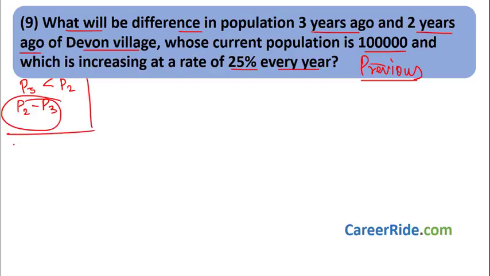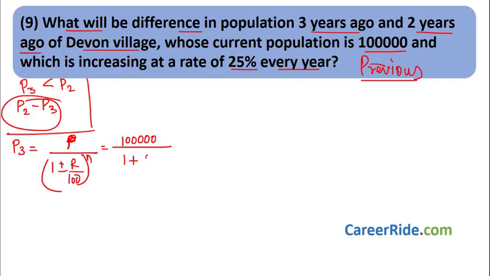Now population 3 years back, what would it be? P, that is the present population, divided by 1 plus minus r upon 100 raised to n. So what will we get? We will get present population as 1 lakh divided by 1 plus, since it is increasing, 25 upon 100 raised to 3.